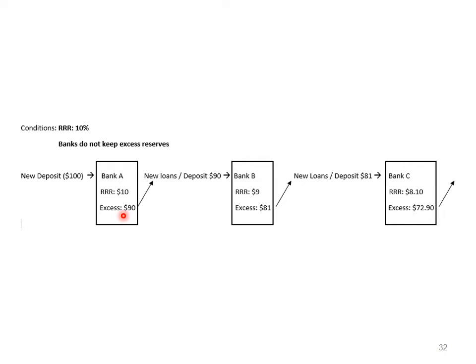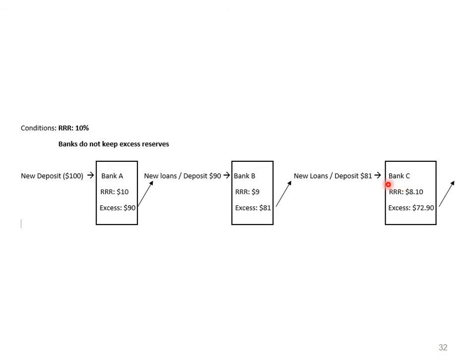So let's assume that somebody took out the $90 as a new loan and deposited it in their own bank, Bank B. Bank B now receives a new deposit of $90. Bank B will keep $9 as stipulated by the government, RRR 10%, and can lend out the excess $81. Let's assume that some customer will borrow this $81 from Bank B and deposit it into their account in Bank C.